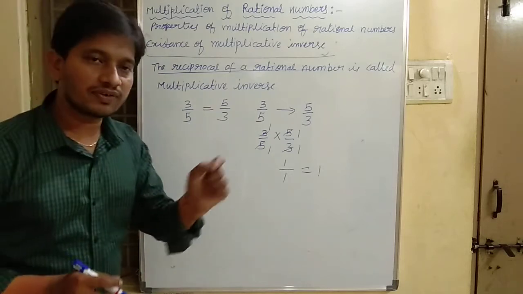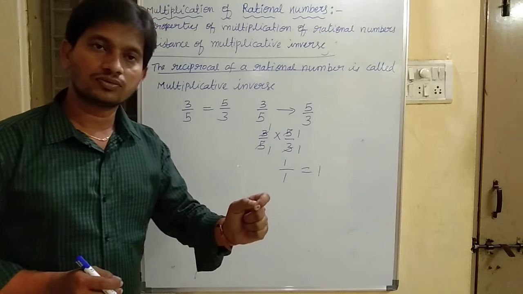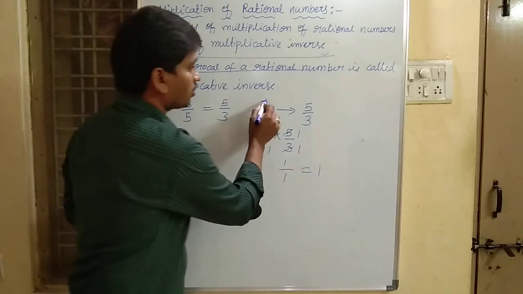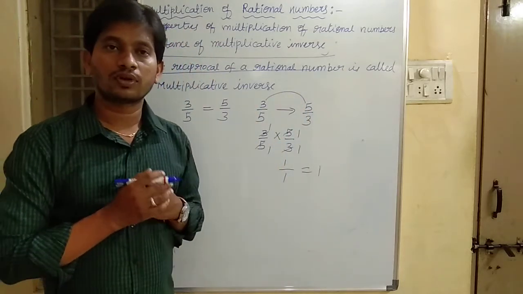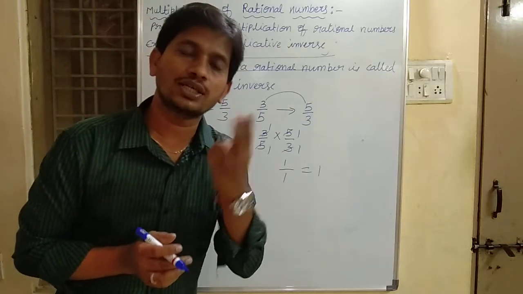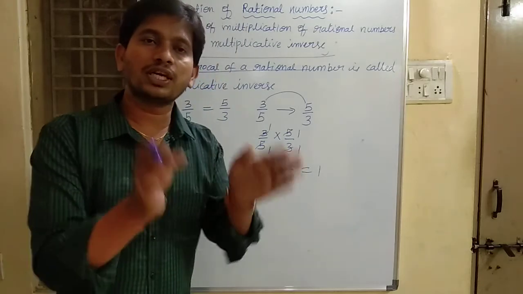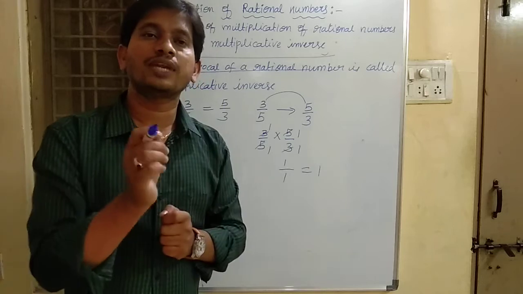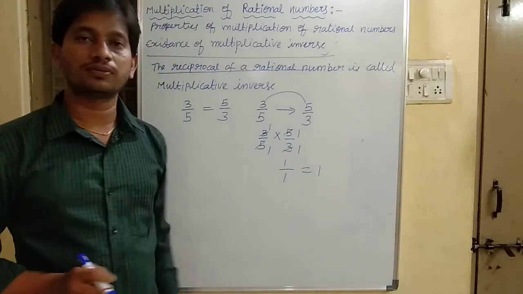So multiplicative inverse is nothing but two rational numbers whose product is 1. If you multiply two rational numbers and the result is 1, then we say that the two rational numbers are multiplicative inverse of each other.